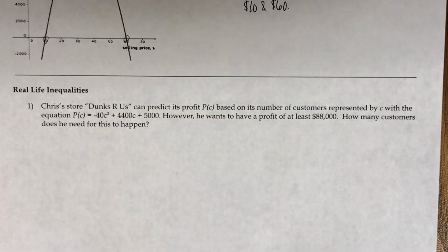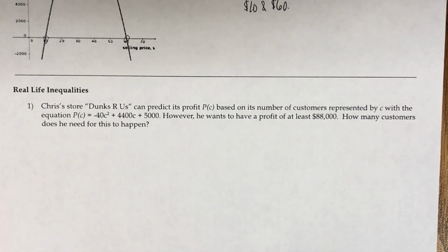So we have some sort of a quadratic function. I'm going to graph it here so we can get a little bit of a visual aid, and then I can talk through how we would go about solving this.